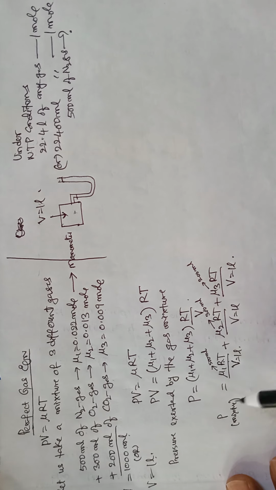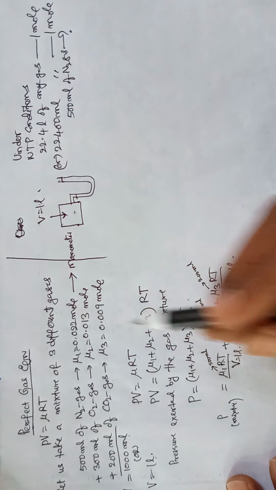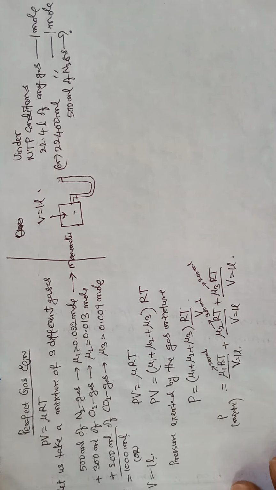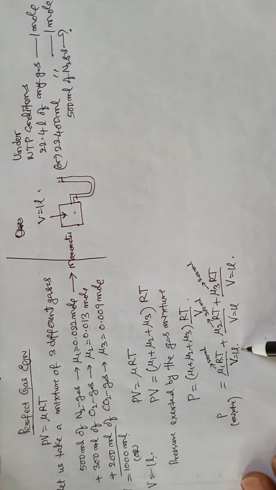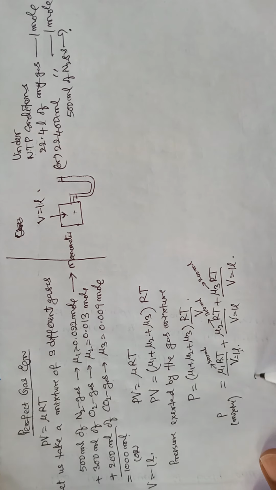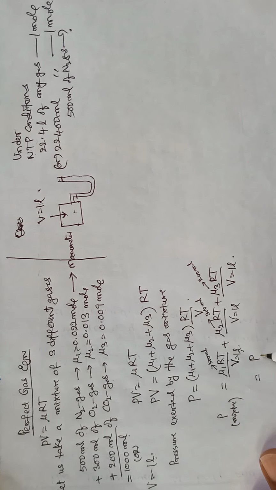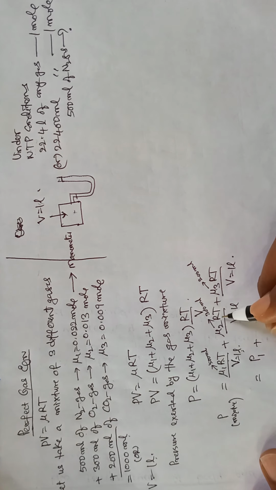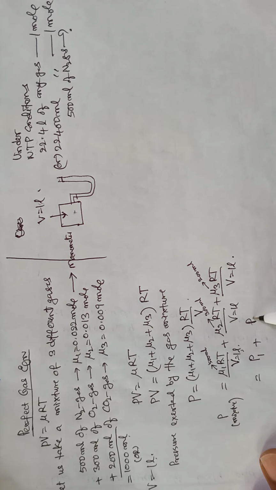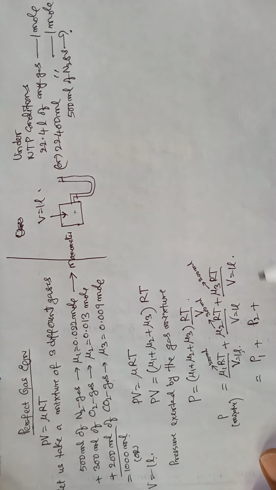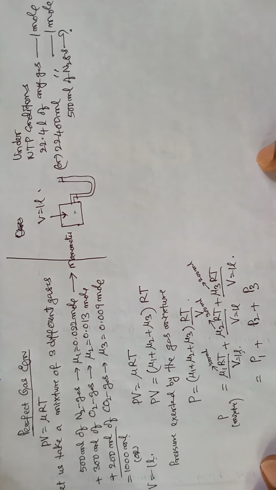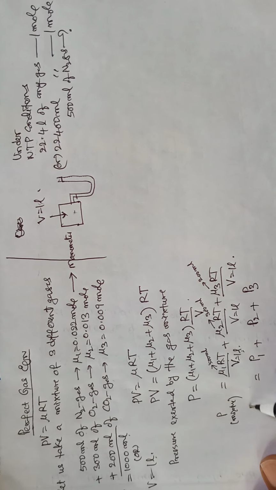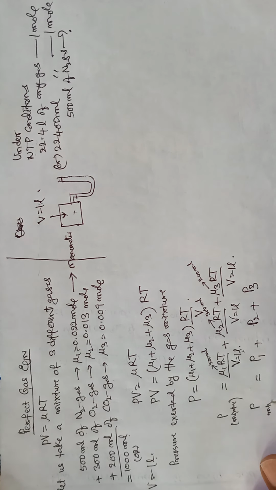So the substance is 0.022 moles only, but the volume occupied is 1 liter. Under these conditions, the pressure exerted by the nitrogen gas is, say, P1. Similarly, for oxygen gas, P2. Similarly, for carbon dioxide gas, P3. And here, the mixture.